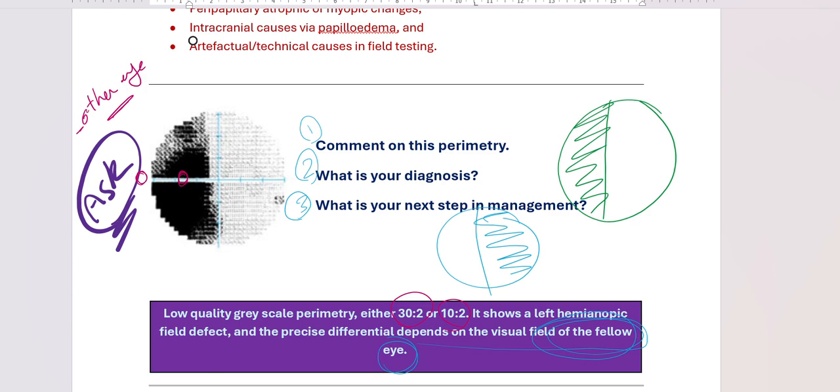So in order to comment on this visual field, you need to be familiar with the type of the test. You need to ask. Don't assume anything.